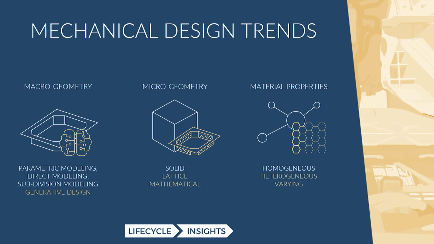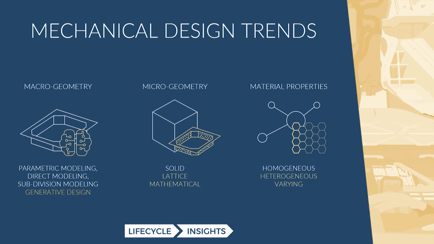Another lever that they can pull now is microgeometry modeling, where you can have the same exact shape, but you can have lattices and other types of mathematically defined geometry deliver dramatically different performance and requirement satisfaction for the same exact shape. That is also true with the advances in material properties.